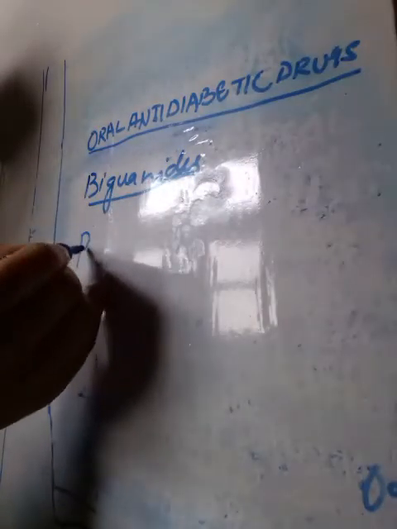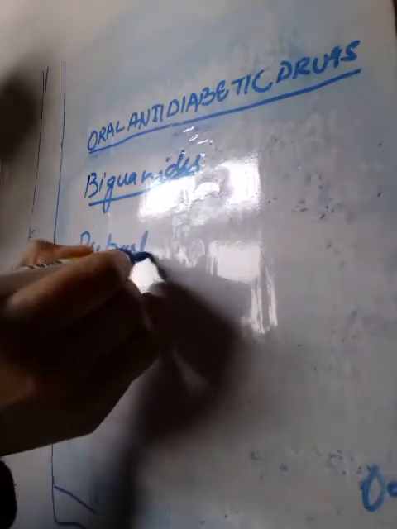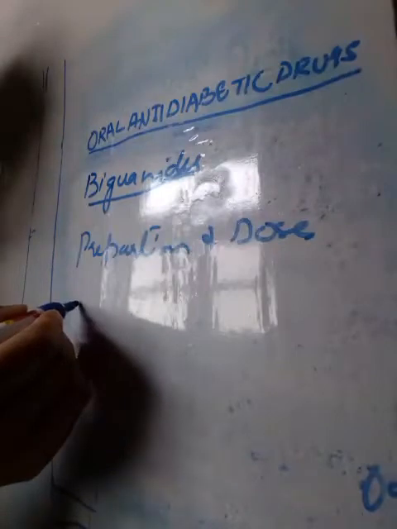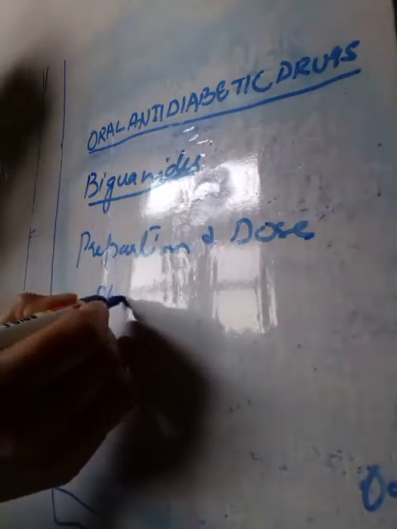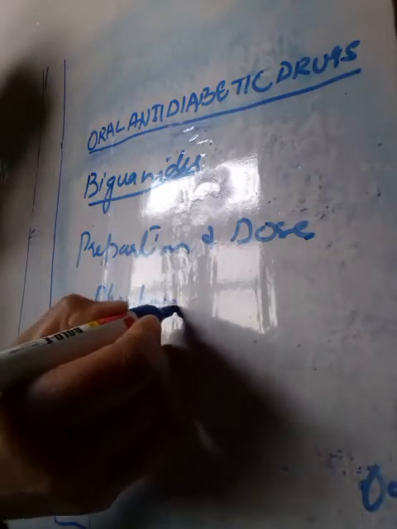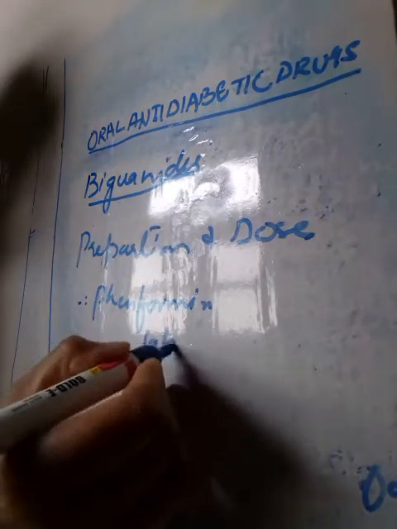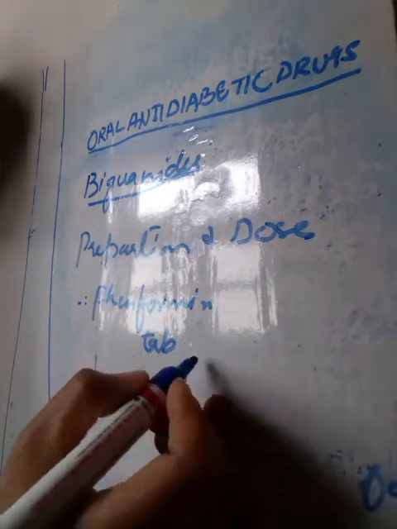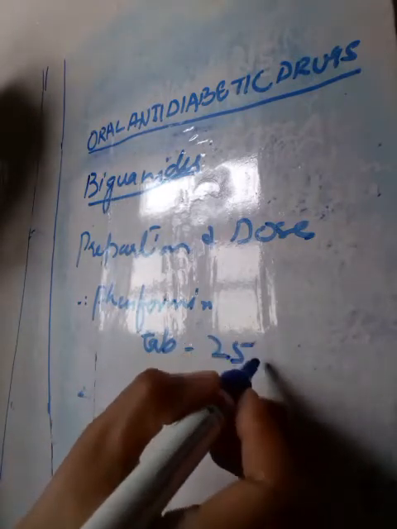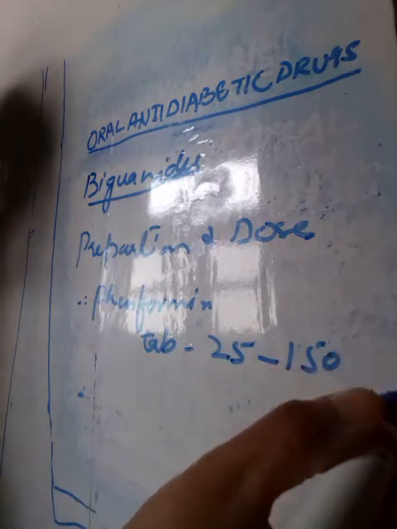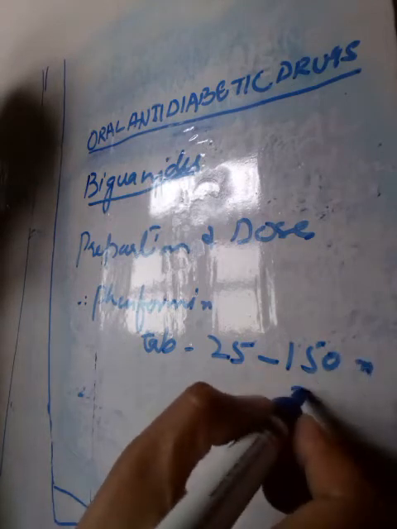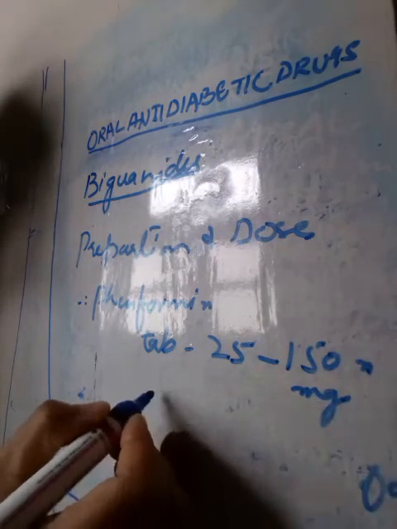Now coming to the preparation and dose. Phenformin tablets, 25 to 150 milligrams daily.